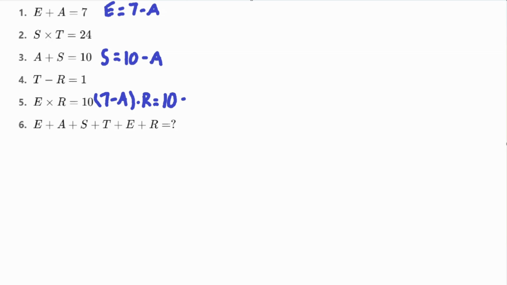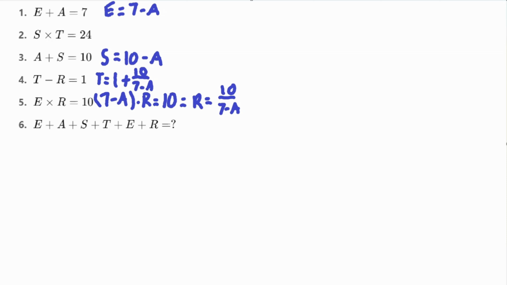So then R is equal to 10 divided by 7 minus A. If this is equal to R, then in the fourth equation, we can rewrite 10 over 7 minus A for R. So then T minus R equals 1 is the same thing as T is equal to 1 plus R, but in this case, I'm going to rewrite R as 10 over 7 minus A, right? You guys following?